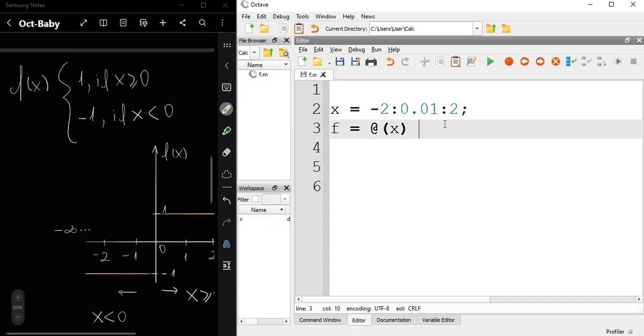Now the conditions: when x is greater or equal to 0, the function assumes the value 1, and when x is less than 0, the function will assume the value -1.